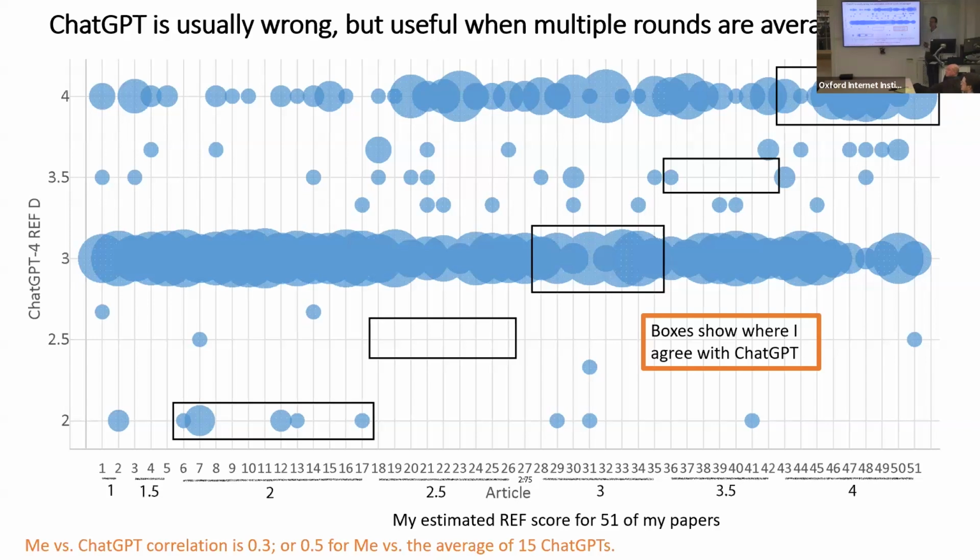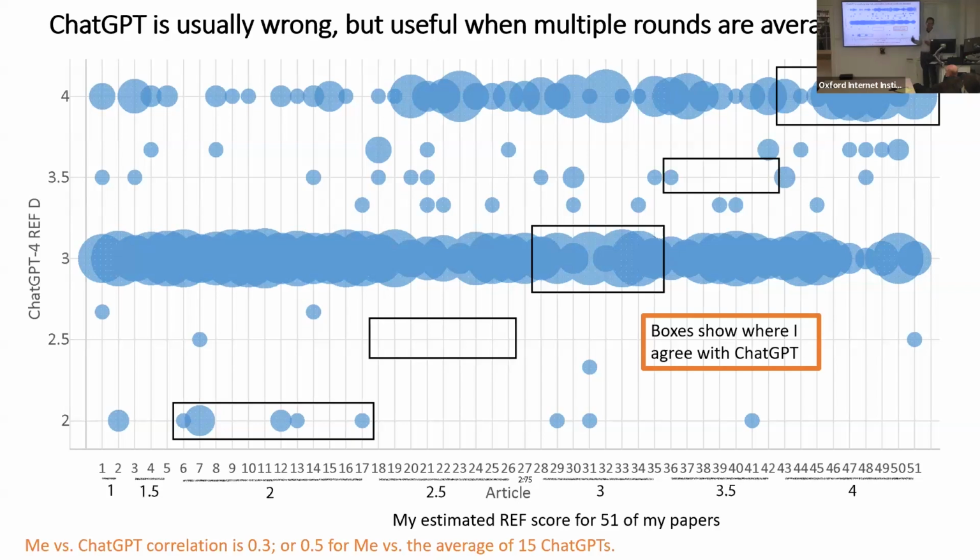Just a quick question for context of those scores. What's the inter-rater reliability for 2 human raters? That's a very good question, and the answer is we don't know. I haven't compared myself to other people, and for the next set of data that I'll show you, the inter-rater reliability hasn't been released.